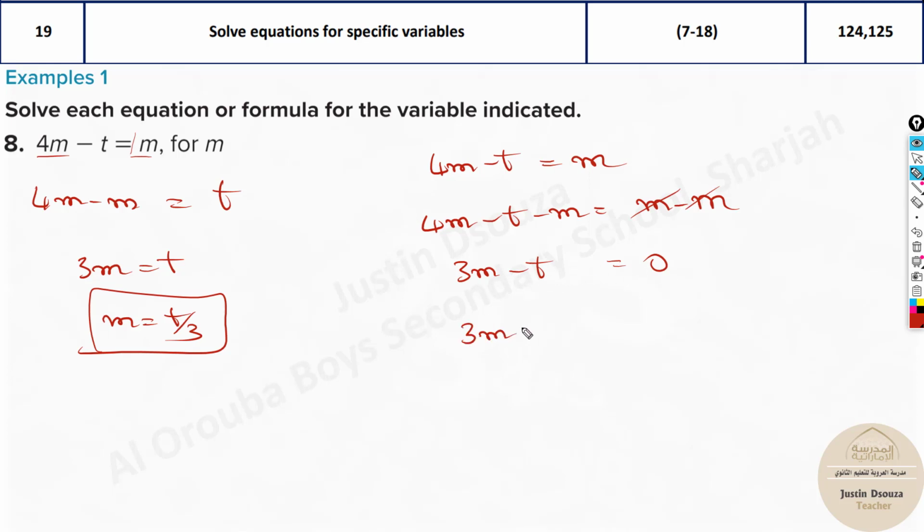That is 3m minus t plus t equals 0 plus t, which is t. This cancels, you are getting 3m equals positive t. Now divide both the sides by 3. This cancels, m equals t by 3. These are all the detailed steps.